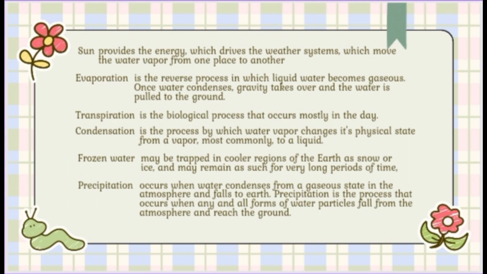Next is condensation, the process by which water vapor changes its physical state from a vapor, most commonly to a liquid. Water vapor condenses onto small airborne particles to form dew, fog, or clouds.